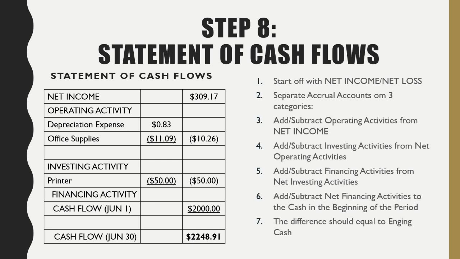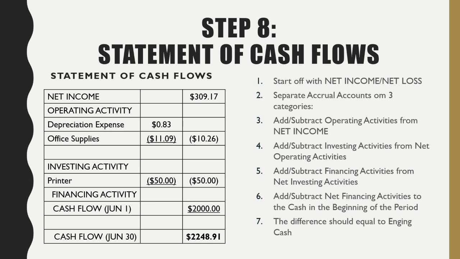So in this case, we're going to learn that we're going to be converting our accrual accounts into cash. So for example, when we talk about completing this, I'll go through each and every single one. Accounts payable. Do you actually have the cash for that? In this case, no. So what you're going to do is subtract that money because you actually don't have it.